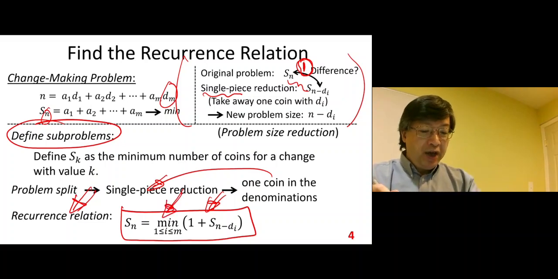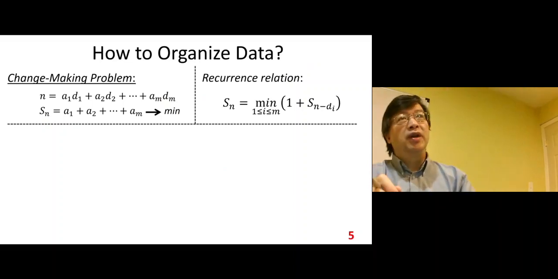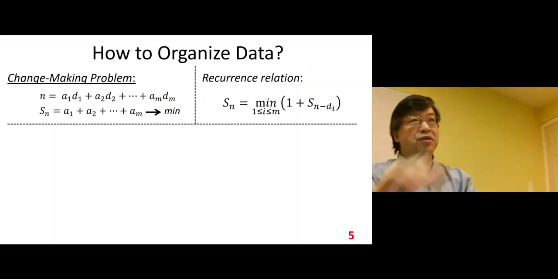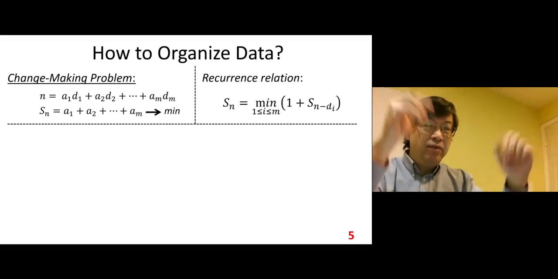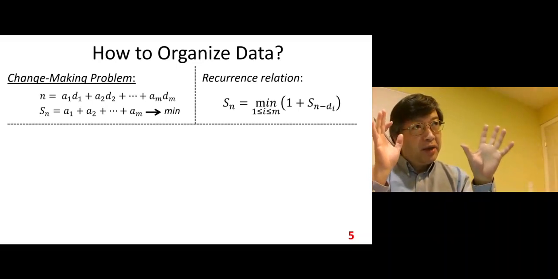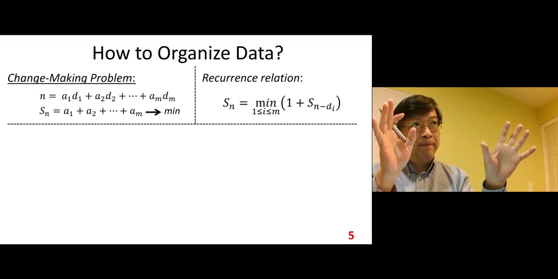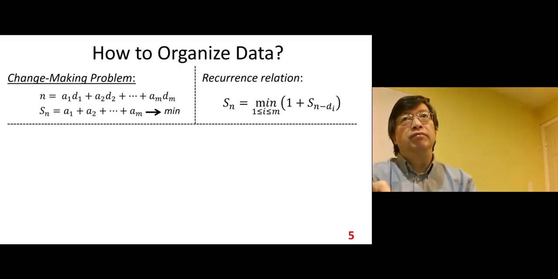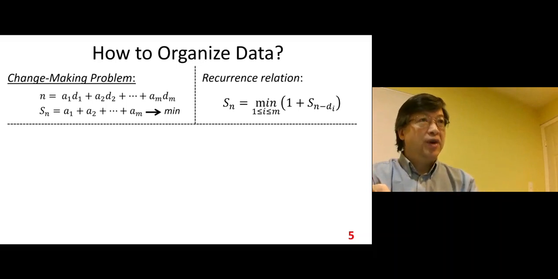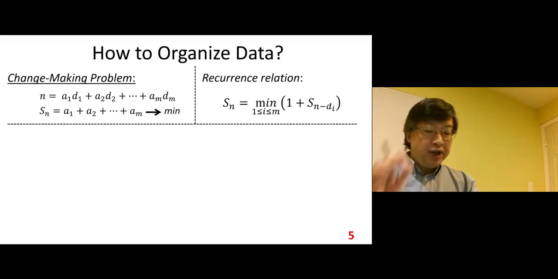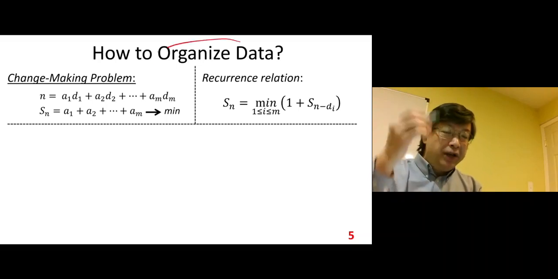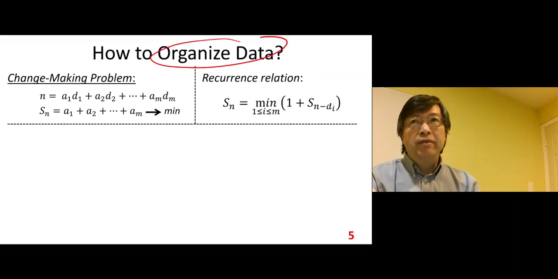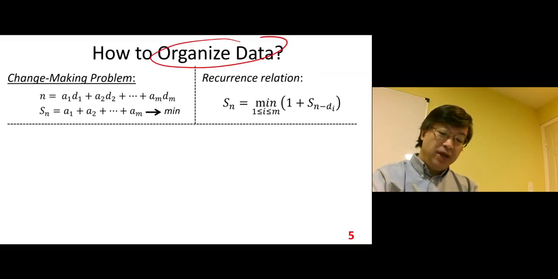All right, now I want to go to the second part, find a solution. Although here I do not need to write a program, let me give you step-by-step details solving this problem based on the recurrence relation we just derived. The topic is how to organize data. Now we have enough information to organize data.